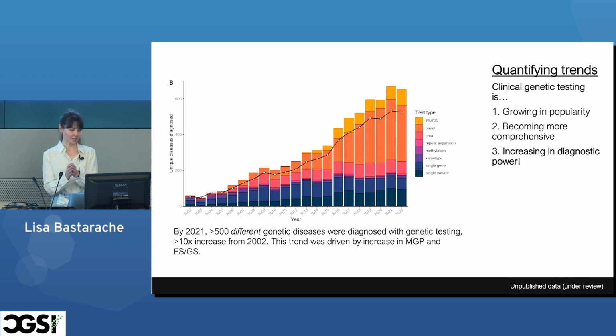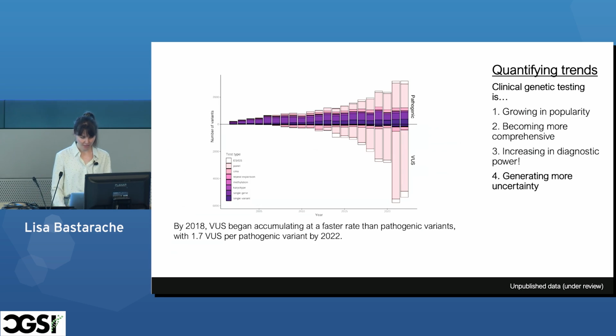And what you can see is that back in 2002, when we started the database, only a couple of different genetic diseases were diagnosed: cystic fibrosis, Huntington's disease, et cetera. At the end of the study period, over 500 different genetic disorders were diagnosed with genetic testing, which I just think is amazing. And this is mostly driven by expanded panels, whole exome and whole genome sequencing, and just our increasing knowledge and ability to attribute rare patients and their phenotypes to these genetic disorders.